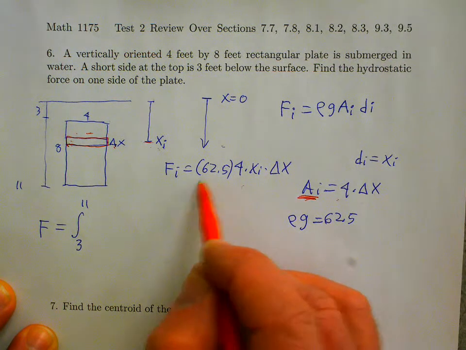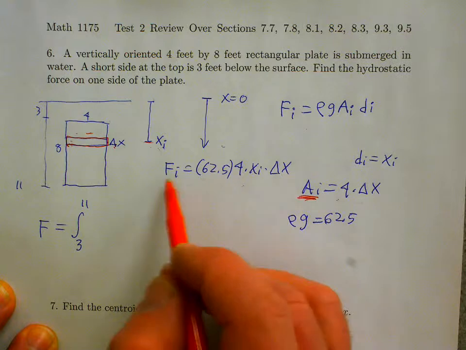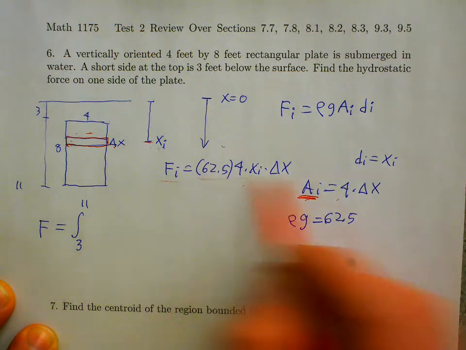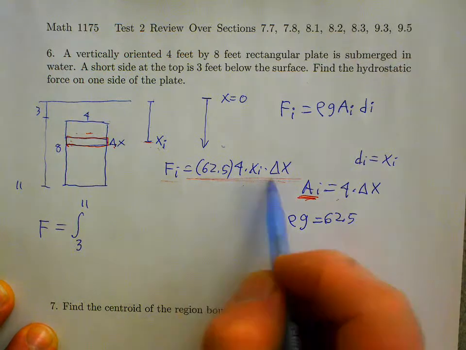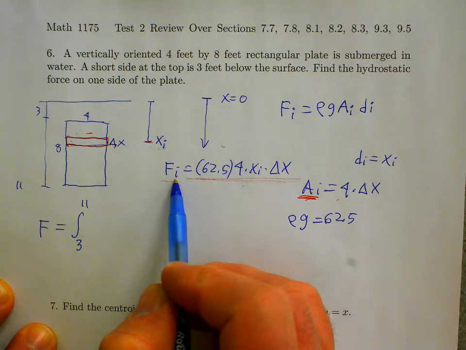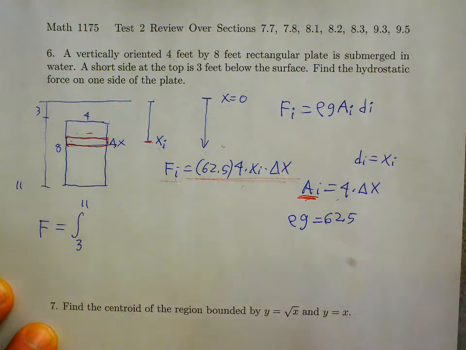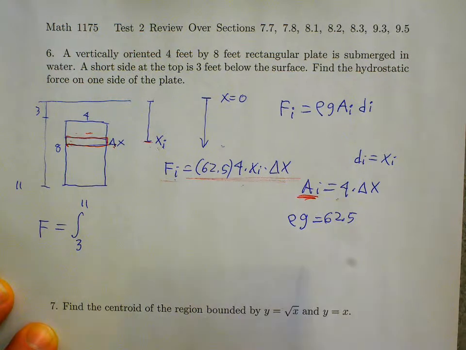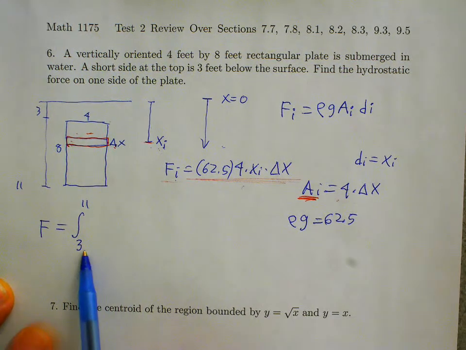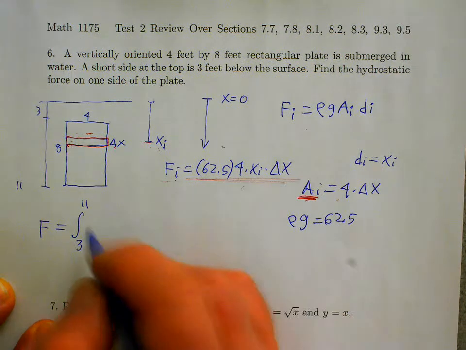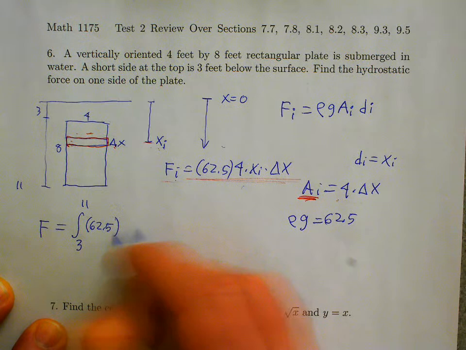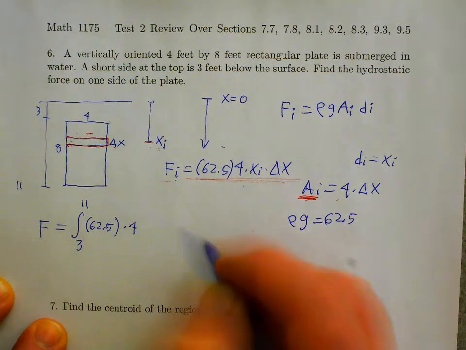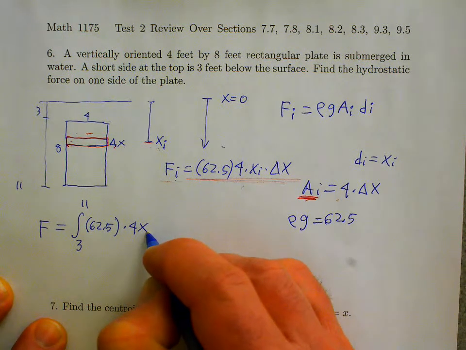Okay, so in our Riemann sums, we have one of these for each i between i equals 1 and n. And we add those up and then take the limit, we get this definite integral. So I'll go ahead and write it as 62.5 times 4 x dx.